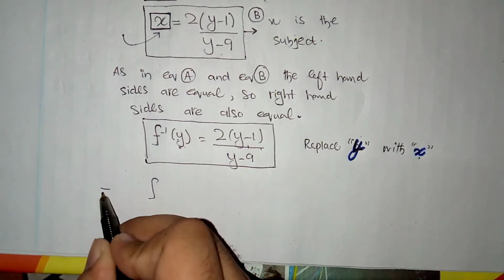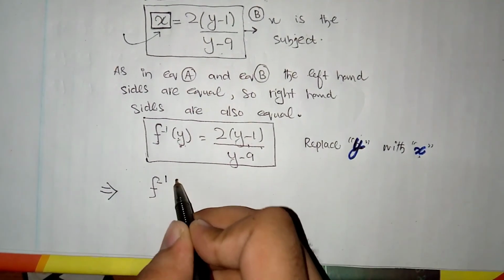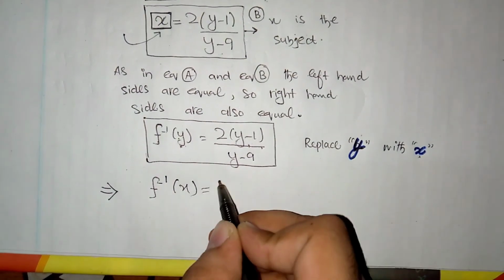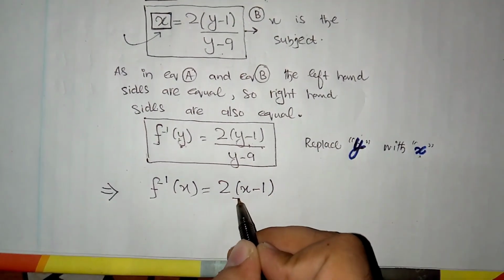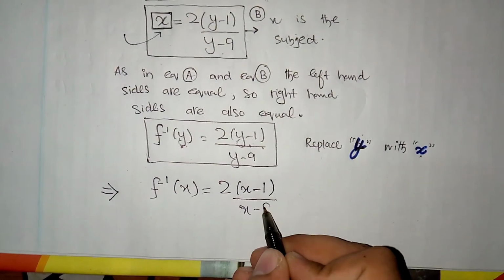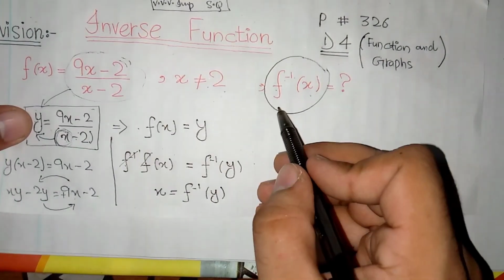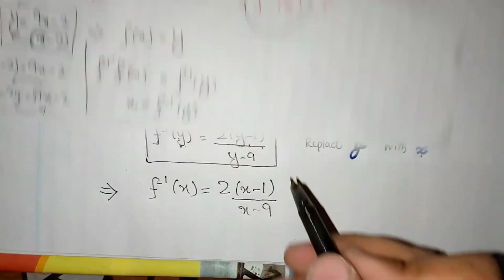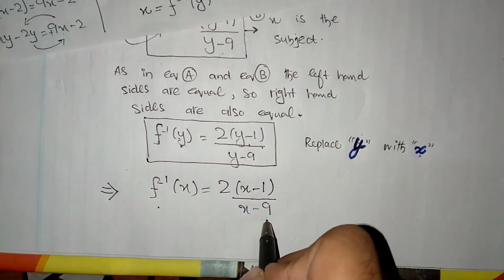So you simply put here, this implies f inverse of x is equal to 2(x − 1) over (x − 9). According to our requirement, we had to find f inverse of x, so this is the answer for f inverse of x.